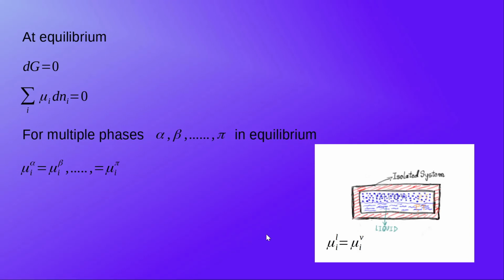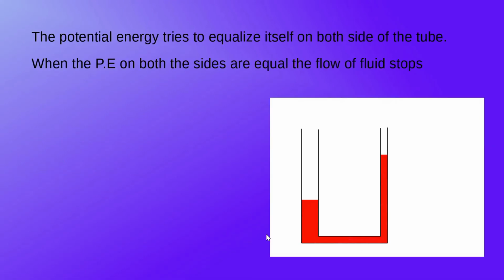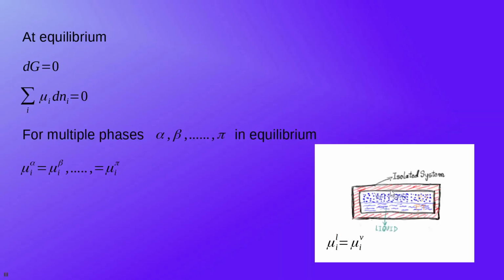As you can see, like in the U-tube manometer example, for phases to be in equilibrium, the chemical potentials should be equal.